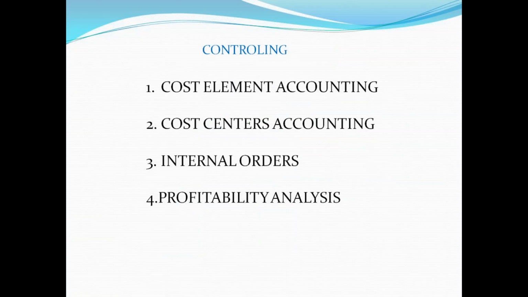To update the CO records, we have to prepare cost elements. Cost elements are nothing but the GL accounts we created in FI; I have to create those GL accounts as cost elements to update the controlling module. We can discuss those in cost element accounting.